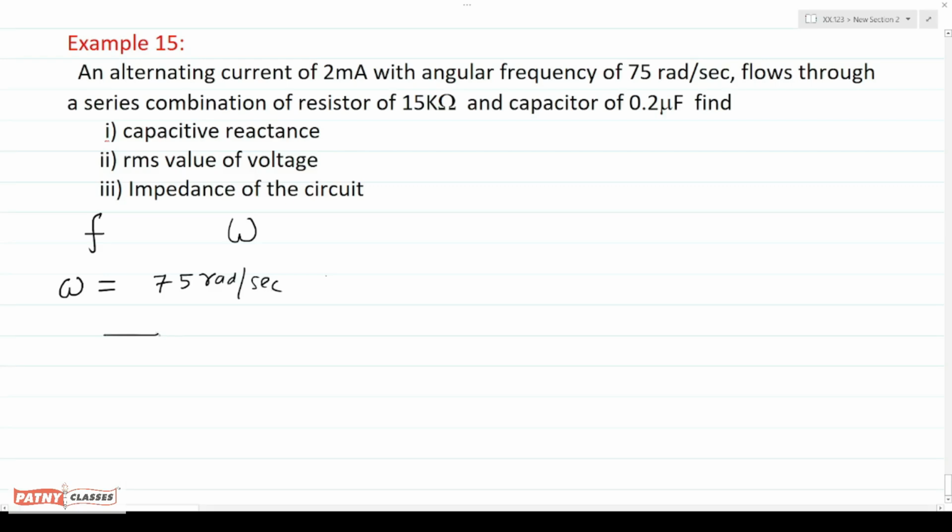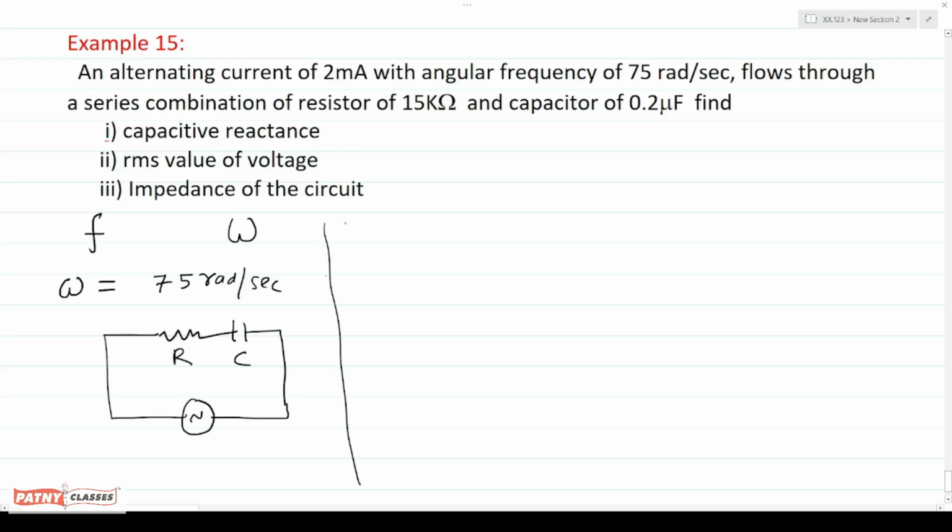It is RC circuit, resistor and capacitor, connected across AC supply like this. And capacitor value, this is C, and it is R. R equals to 15 kilo ohms, that is equals to 15 into 10 raised to 3 ohms, and the capacitor value C equals to 0.2 microfarad, that is equals to 0.2 into 10 raised to minus 6 farad.